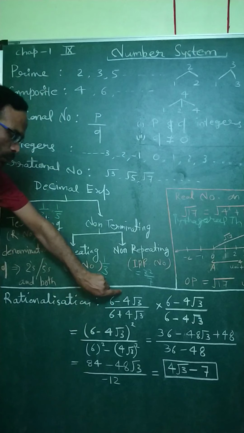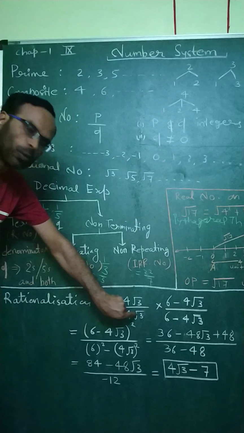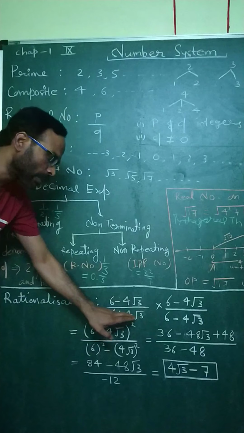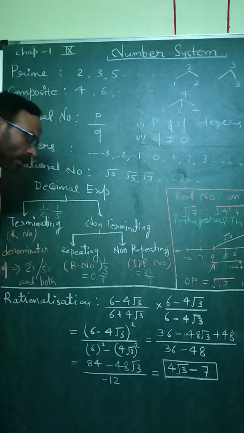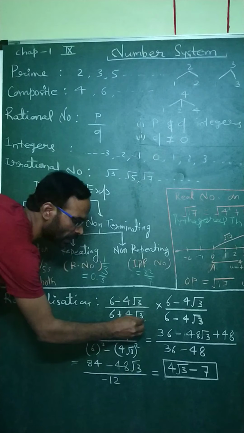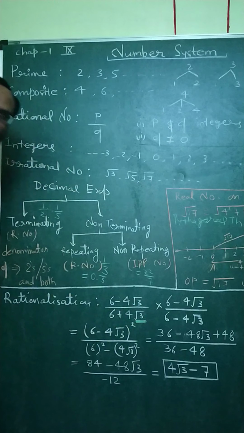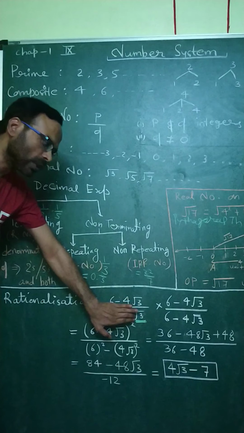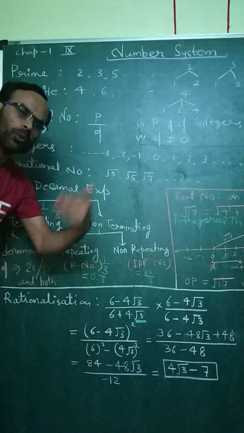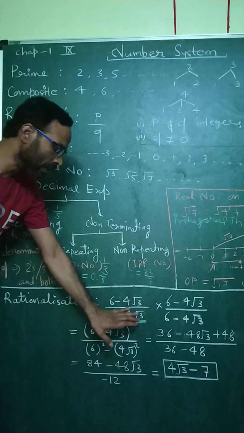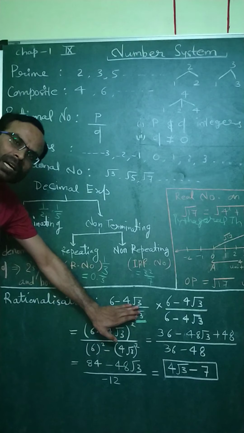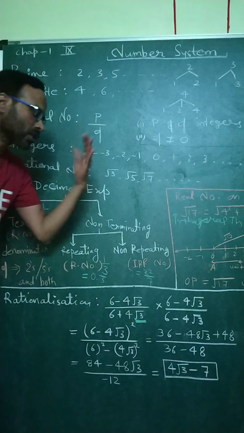The expression is 6 minus 4 root 3 upon 6 plus 4 root 3. Here the denominator is given in the form of 6 plus 4 root 3, where root 3 is an irrational number. This root 3, or root 5 or root 7, whatever it may be, we don't want this number in the denominator. So we will do the rationalization.